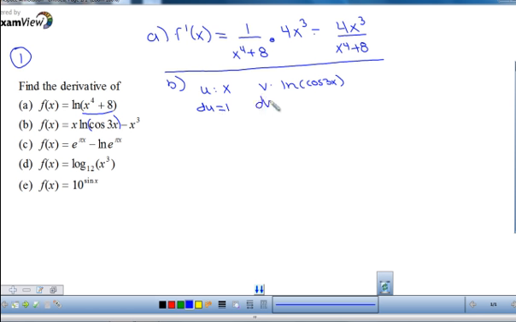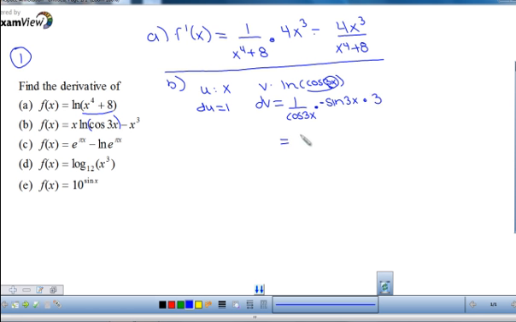The derivative of v would be, again, the derivative of ln is 1 over u times the derivative of u. So it's going to be 1 over cosine of 3x times the derivative of cosine of 3x. So the derivative of cosine is negative sine of 3x times the derivative of the inside. So the derivative of 3x is 3.